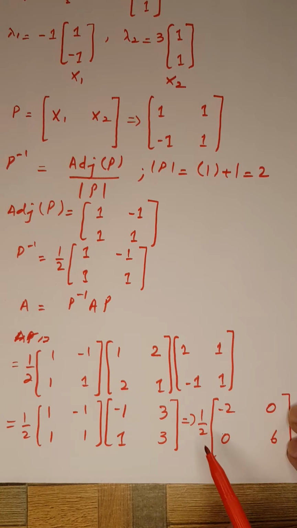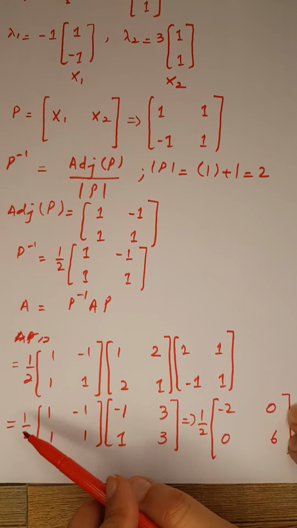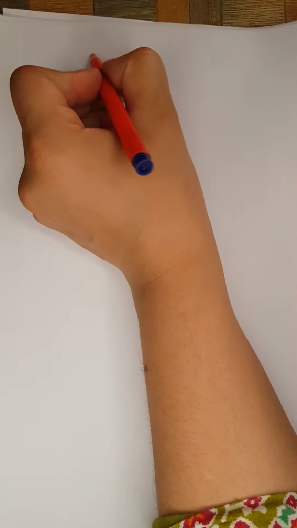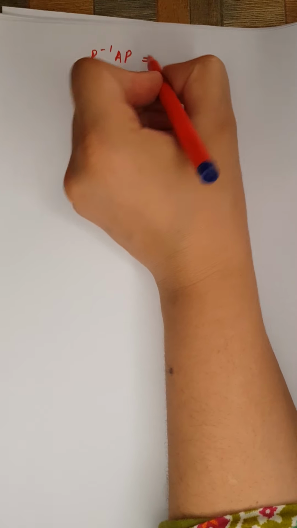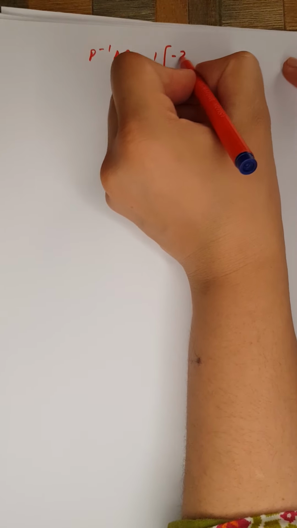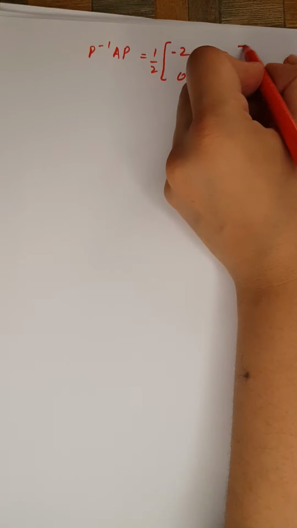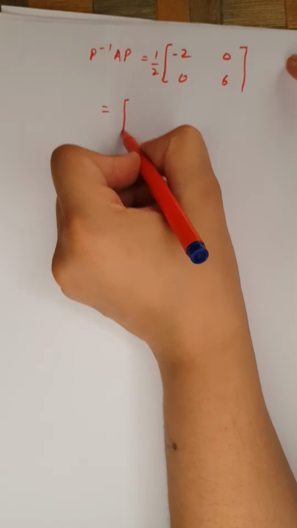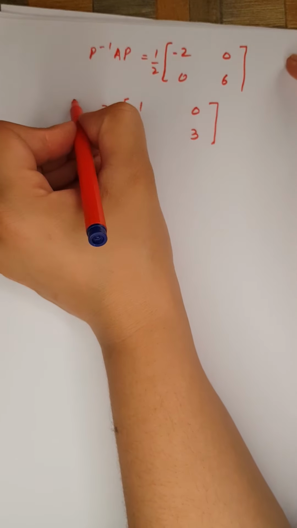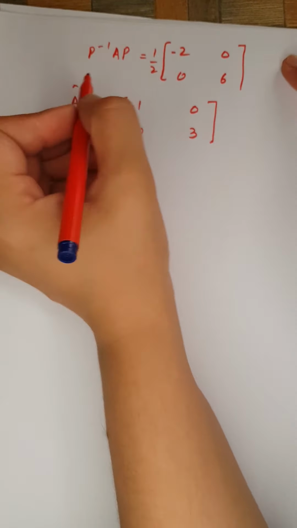Now if you divide all entries of this matrix by the 2, that was from P inverse, the determinant of P, you can see that the result of P inverse AP is equal to 1 over 2 times minus 2 0 0 and 6, or minus 1 0 0 and 3. Fine, which is the diagonalized matrix.